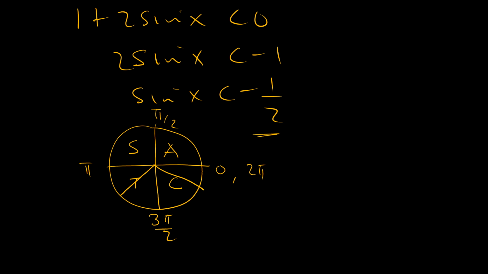it means that from this angle, and this is actually pi over 6 on top of pi, so this is 7 pi over 6, and again this is pi over 6, another 30 degrees, and this is 11 pi over 6.